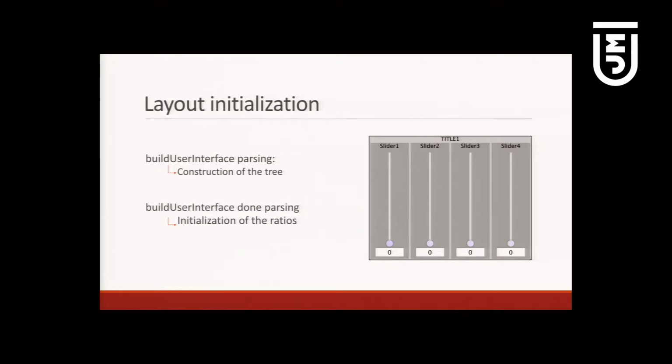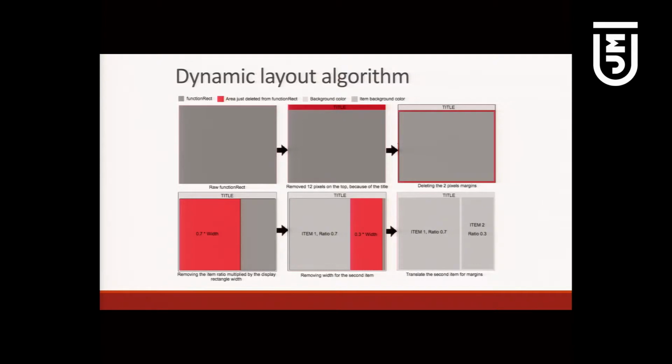So the box is 1, and each slider occupies 25% of its width. So their horizontal ratio will be 0.25. If there were only 3, it would be 0.33, etc.